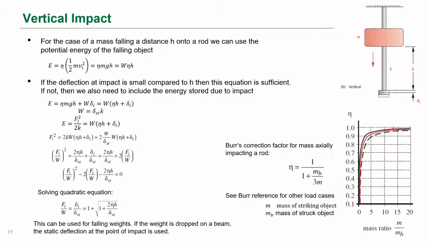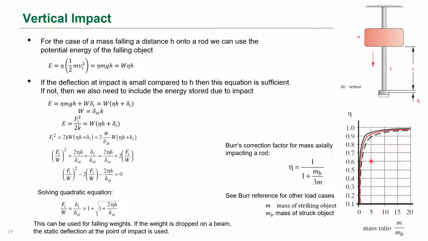Now see, eta approaches 1 when you have much higher mass ratios, where the mass of the striking object is a lot bigger than the mass of the struck object. In fact, if it's 20 times bigger, then you can consider eta to be almost 1.